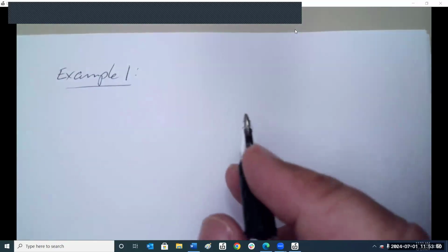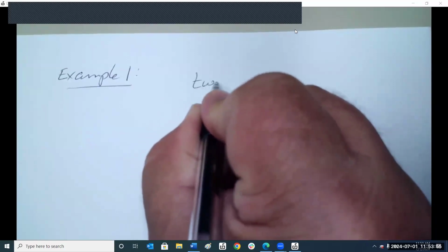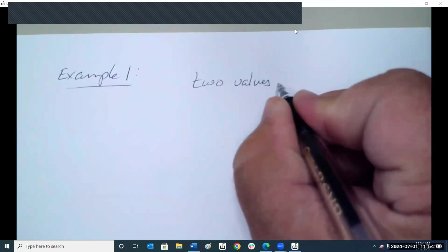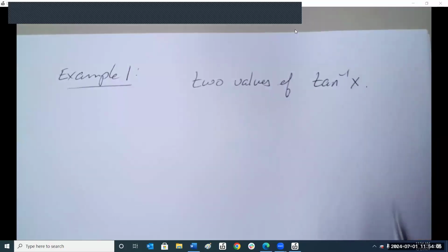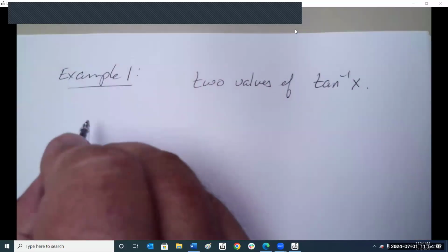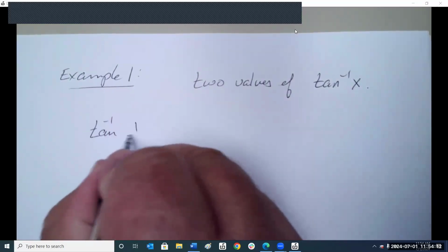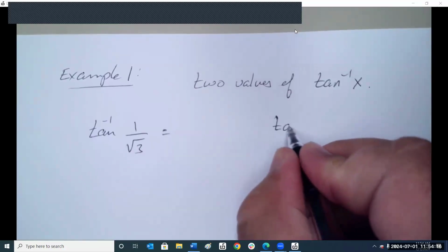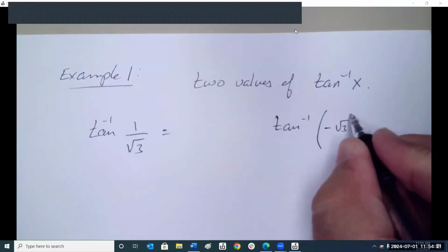Example 1. Here are two values of the inverse tangent of x: one over radical 3 and negative radical 3.